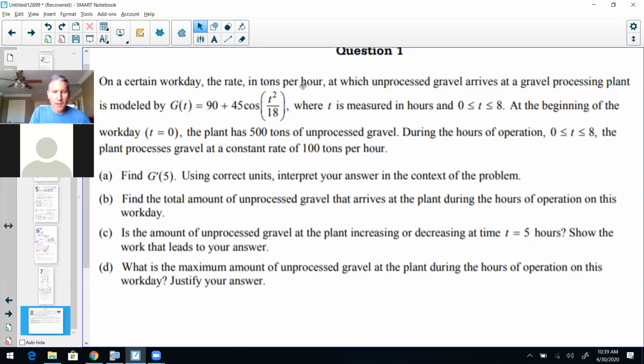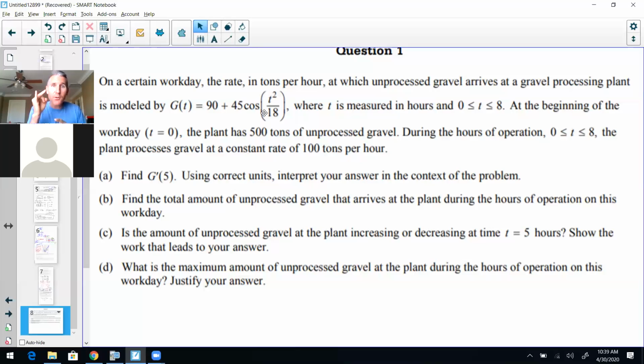Like we've mentioned before, when they give you something written as a function, it typically represents either how much stuff is there, like yesterday's A of t, the amount of something in the bin, or the rate at which that stuff is changing, like this G of t.